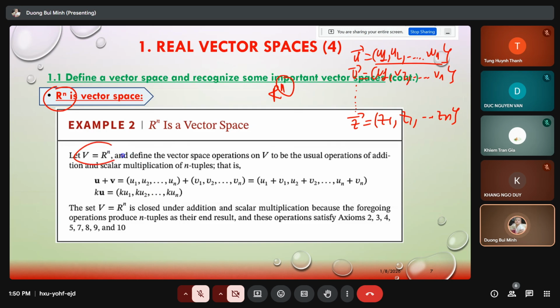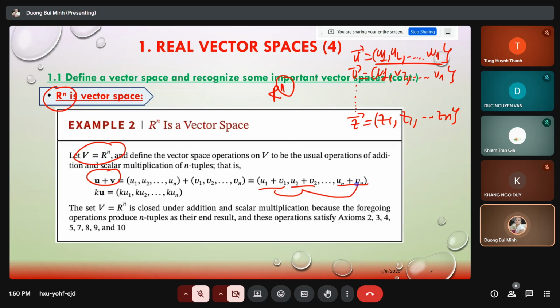So we have the vector space Rn, a set of all vectors with n elements for every vector. If vector U is U1 blah blah blah Un and V is V1, V2, blah blah blah Vn, then U plus V gives U1 plus V1, U2 plus V2, blah blah blah, Un plus Vn.